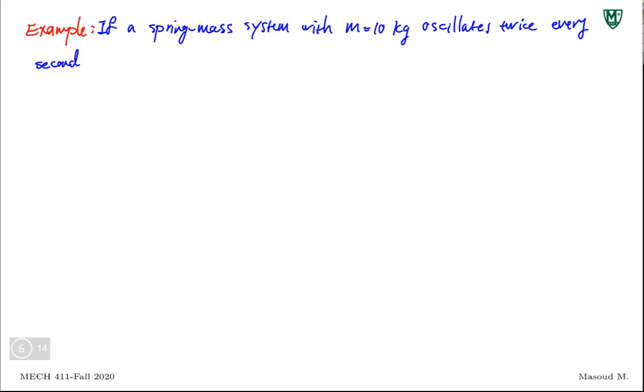What is the spring stiffness for this system?